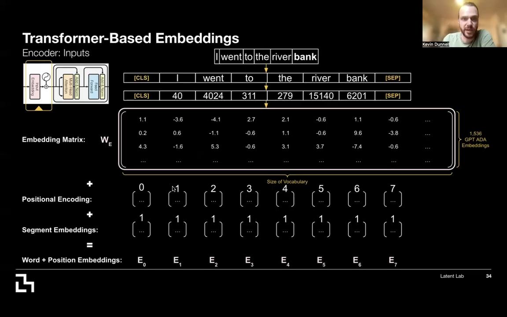Over time, throughout the training process, it's learned that this is the first position in the sequence. Similarly, segment embeddings are added. Segments are everything up until the first separation or between different separation tokens, so this is just the first segment here. These are all added together to produce the initial word plus position plus segment embedding for each one of these tokens that we're passing through.